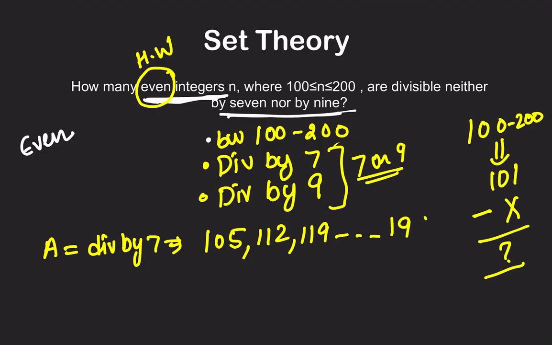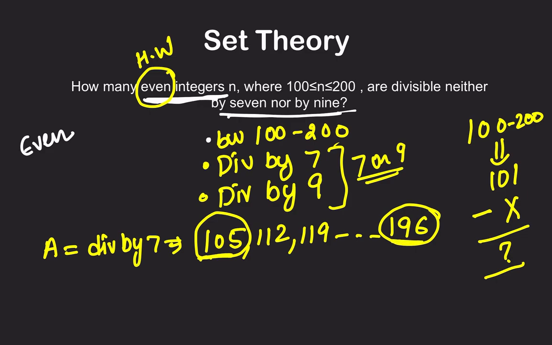I hope it should be 196. You can find whichever number is lower than 200 and divisible by 7. And these are the numbers which are divisible by 7 between 100 and 200.